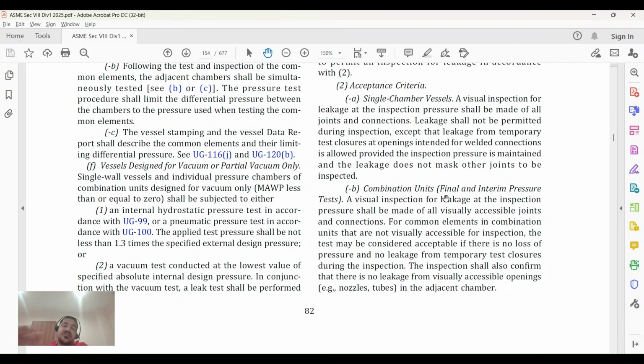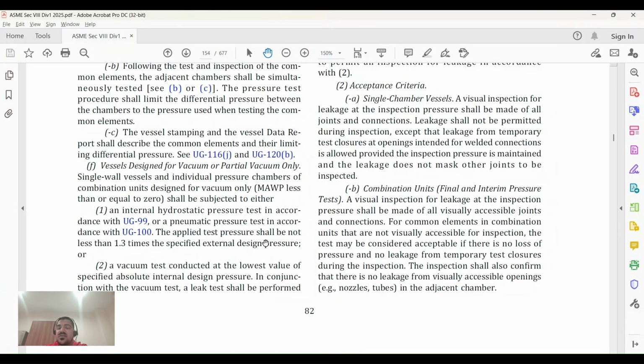Combination units. Final and interim pressure test, a visual inspection for leakage. The inspection shall be made of all visibly accessible joints and connections.